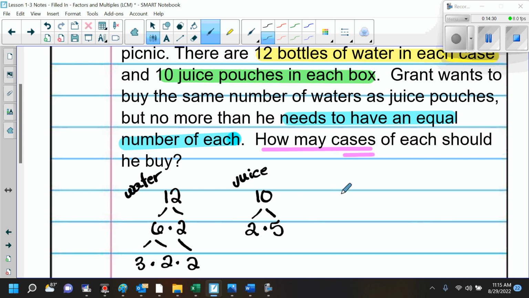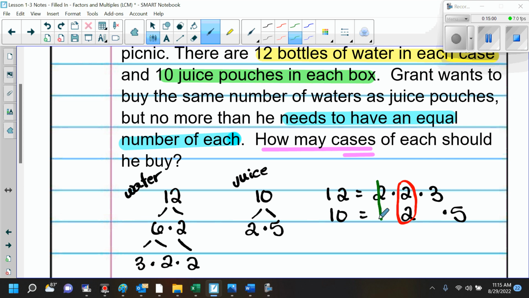All right, so to find the least common multiple, let's see, we've got 12. This is 2 times 2 times 3. Then 10 breaks down to 2 times 5. The thing that we have in common is that 2.